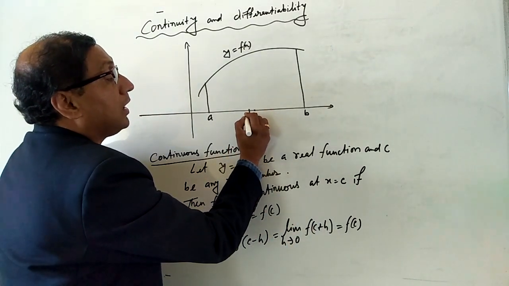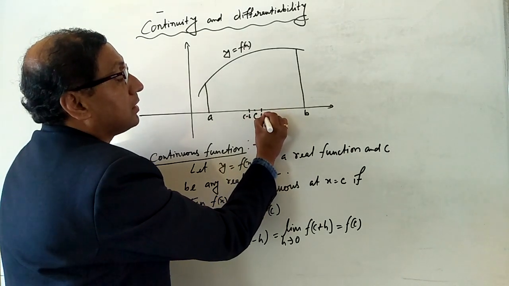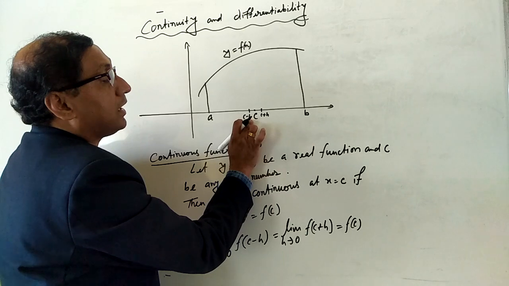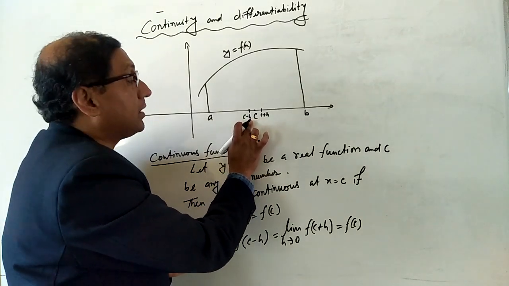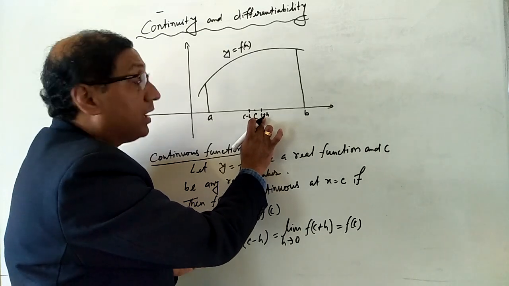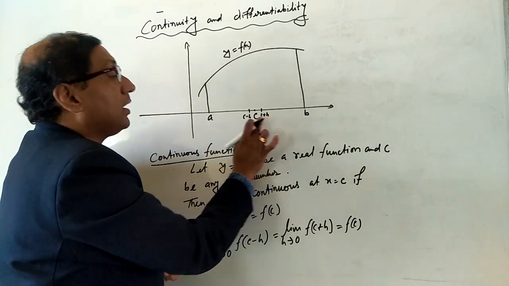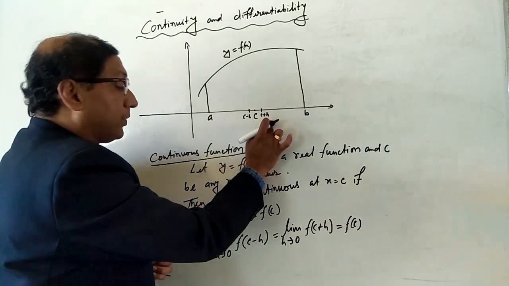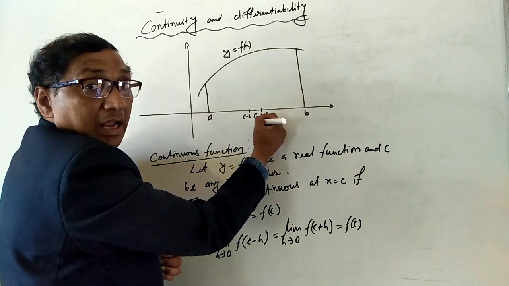So this is c minus h and this is c plus h. At point c minus h we get the left hand limit, the limiting value of that function, and at point c plus h we get the right hand limit. If the left hand limit, right hand limit and image, all three, are equal, then we can say that the function is continuous at point c, right?